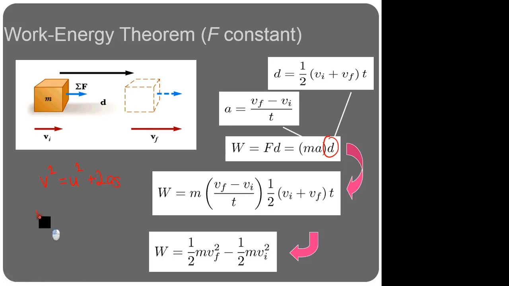If you rearrange this monster, your s is your d, you substitute this into here, and your a will cancel out straight away. This equation appears almost immediately. So this is a faster way to derive the work energy theorem.